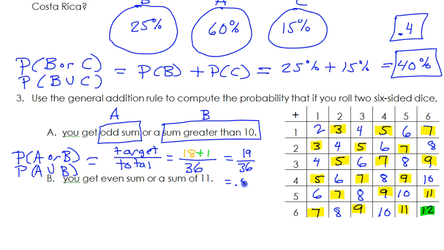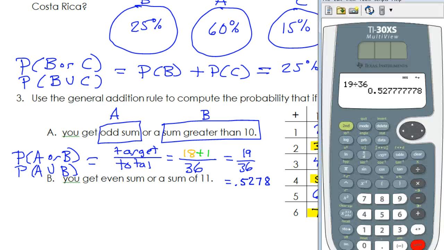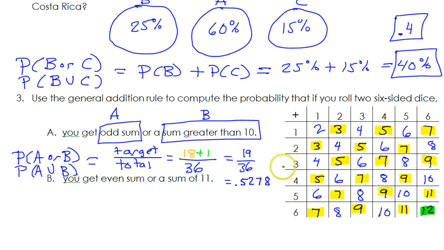So 0.527, and we'll round the last one up to 8 because the next one is a 7. Of course, we could have also written that as a percent. This would be 52.78%. Squeezing it in. So there are 3 different ways of writing this answer. Either one is good. So that's part A.